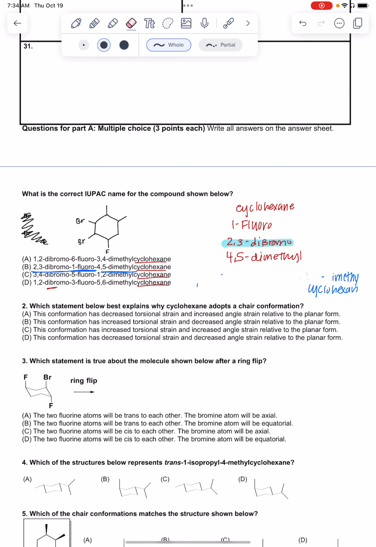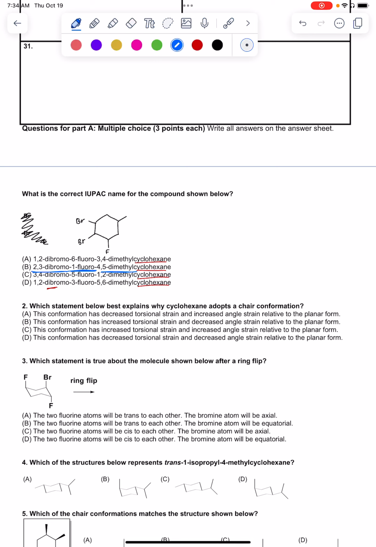We could do another one of these. We could do the one where I took out a substituent, just because that may show up. So let's just take it like that. For this one, I've got this group here. Do I start from bromine or fluorine? Well, if I started from bromine, I would get 1, 2, 3, 4, 5, 6.